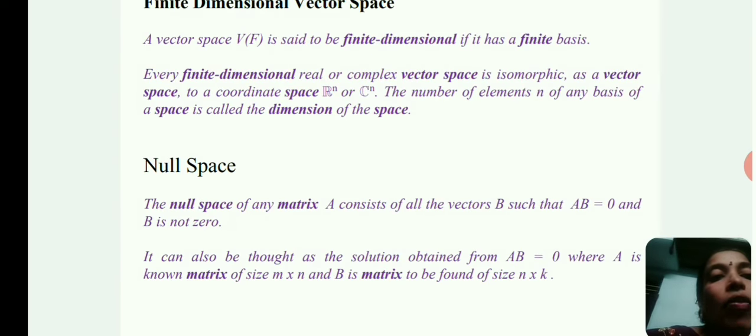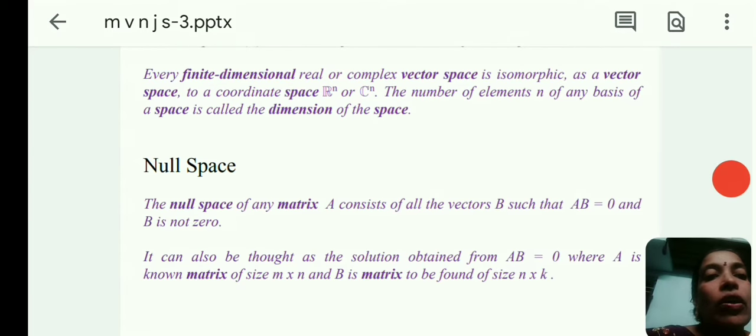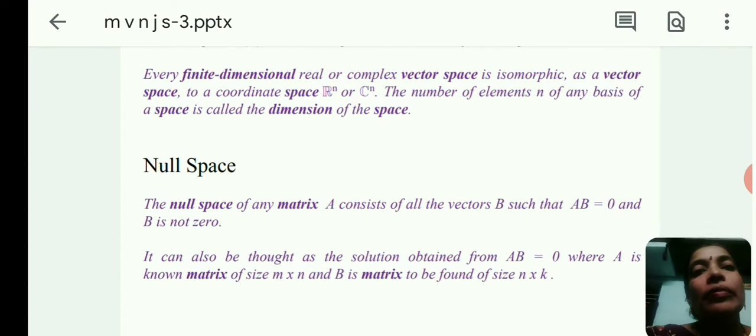It can also be thought of as the solution obtained from AB is equal to 0, where A is a known matrix of size m by n, and B is the matrix to be found of size n by k. This is the definition of the null space.